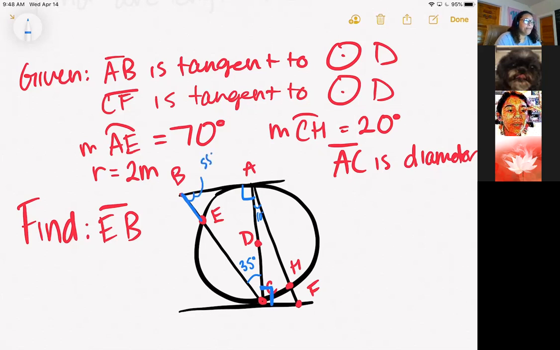What else? Wait, how is it 55 degrees? 35 plus 90 is 125. And then 125 plus 55 is 180. Oh, okay.